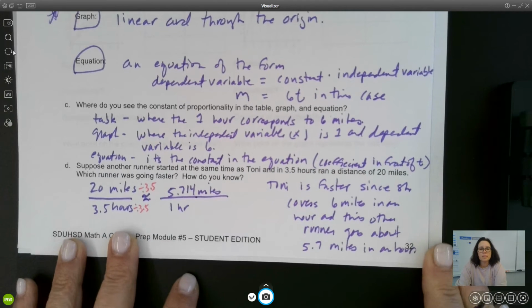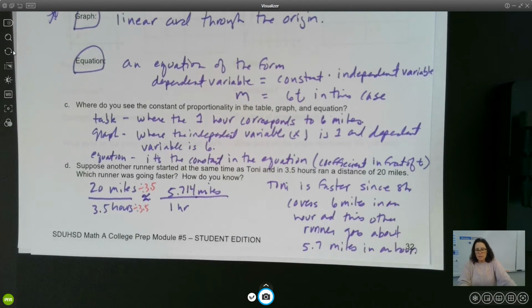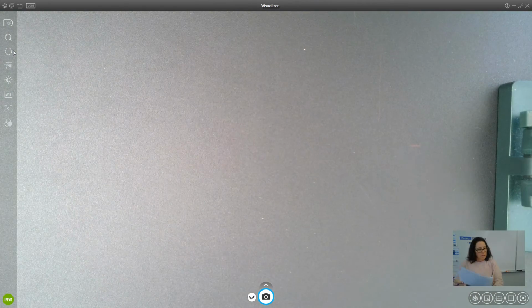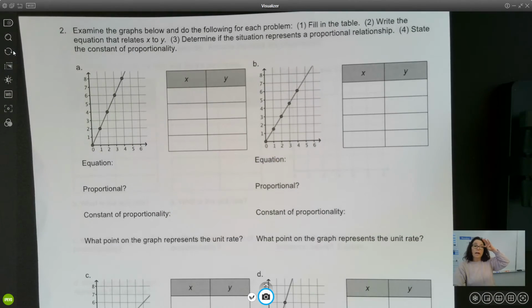All right, so here is this kind of current situation relating back to some prior stuff from this module. Okay. All right, next page. It says examine the graphs below and do the following for each problem. Number 1, we're going to fill in the table.